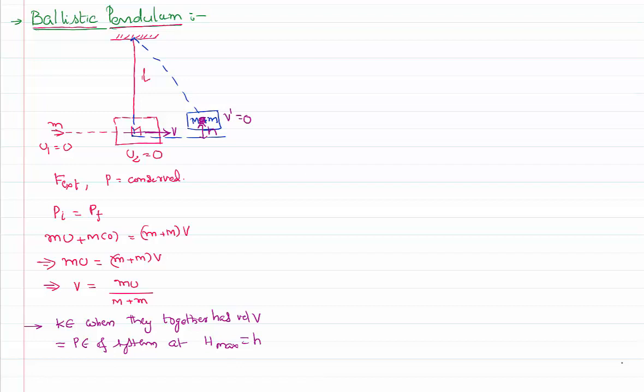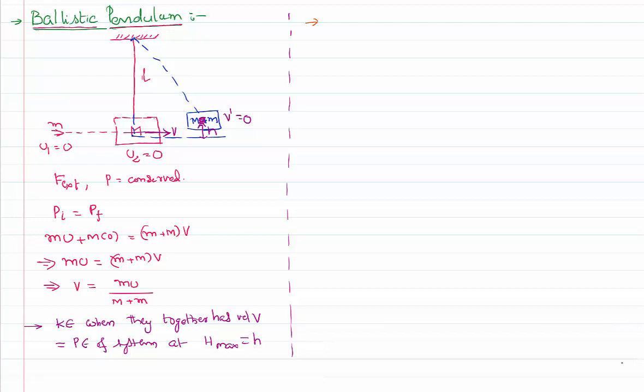Let me assume that maximum height equals h. So here I am simply applying the law of conservation of energy, that the energy of a system is always conserved. It is neither created nor destroyed. It just converts from one form to another form.